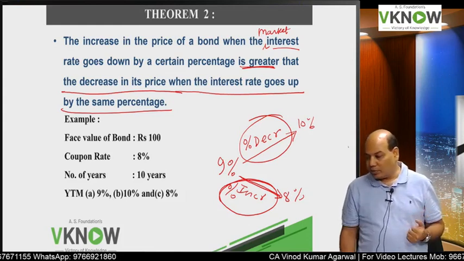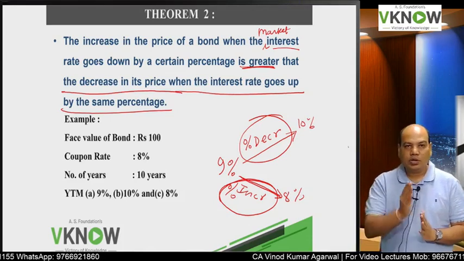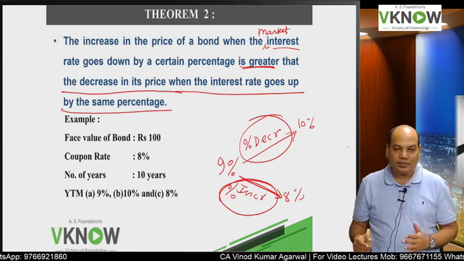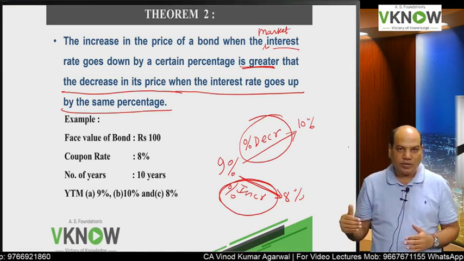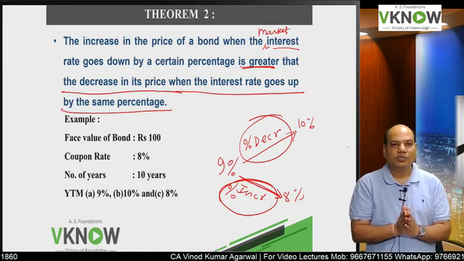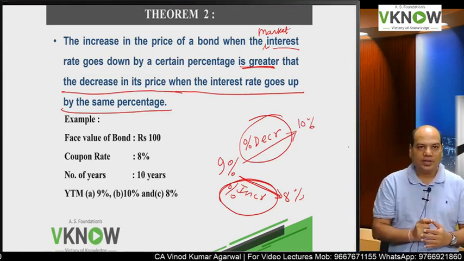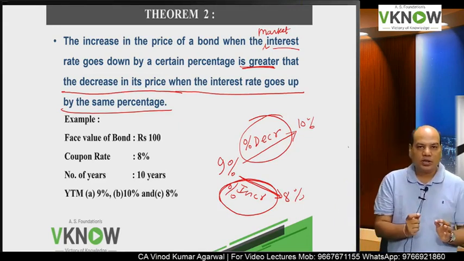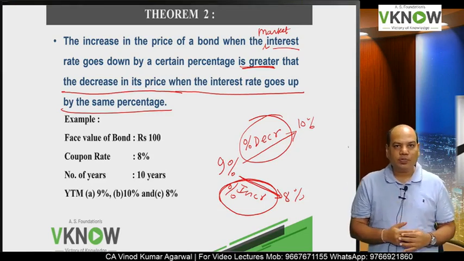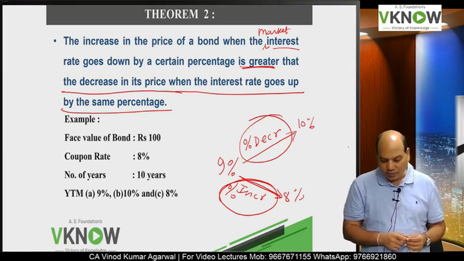And why does it happen? This happens because the curve is not a linear curve. It is curvilinear. Because of that, even if the YTM changes by 1% in either direction, the percentage change in the bond price is not equal. To prove our point, we'll take this example.